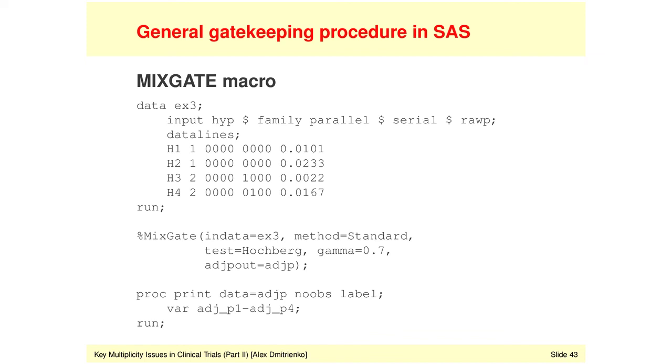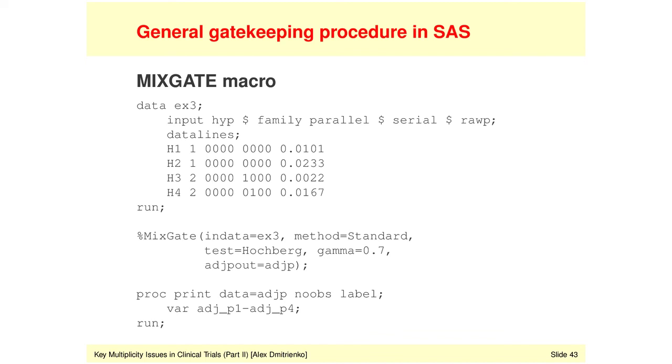Finally, the last argument of the mixed gate macro is the name of the data set where the multiplicity adjusted p-values will be stored. We will call this data set ADJP, which stands for adjusted p-values.